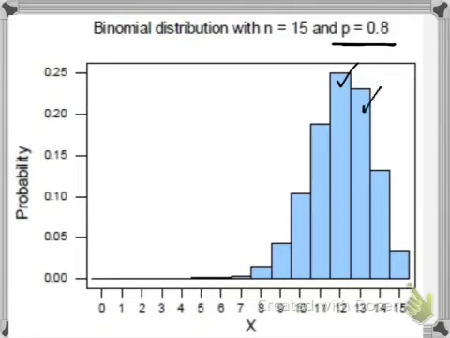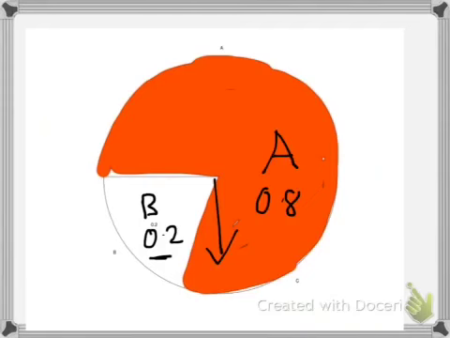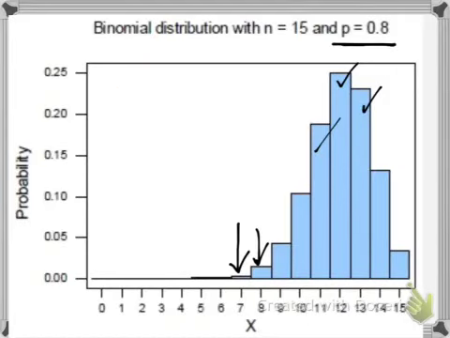And also with these other high figures, the 11 and the 13, quite a high probability that out of the 15 spins, we're going to land on that sector A. Down here, halfway, 7 and 8, 50-50 out of 15 tosses, we've got a very low probability. And that stands to reason. If we're going to spin this 15 times, the chance of it landing on B 7 or 8 times out of the 15 is quite small. Hence the probabilities are small there.